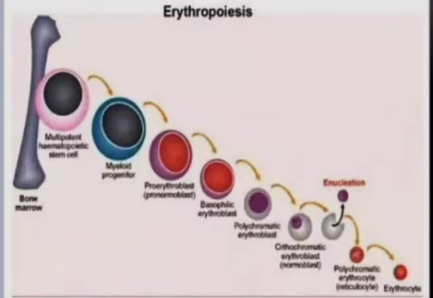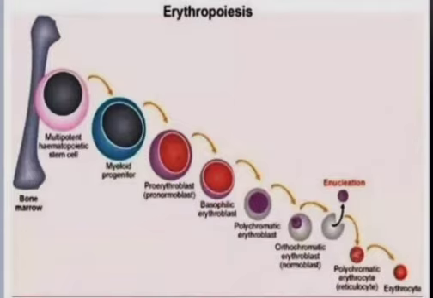But here, we have multipotent, I hope you can see this, multipotent hematopoietic stem cells differentiating to myeloid progenitor. Look, this is also known as colony-forming units for erythroid.